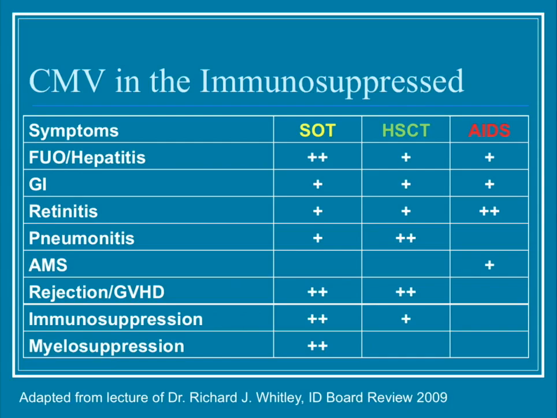And this is always the issue between these 3 different patient populations. They have the same infections, but they have different rates and different presentations. For example, in a bone marrow transplant patient, we have the pneumonitis issues, whereas organ transplant and AIDS patients, not traditionally.